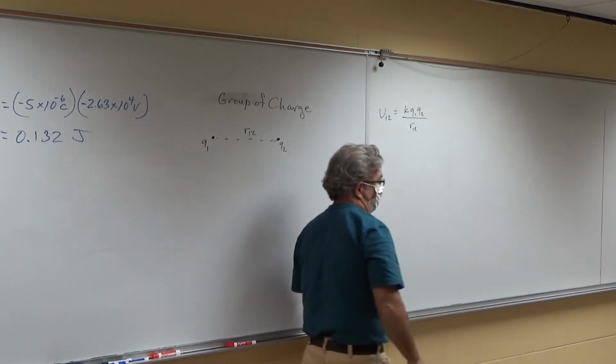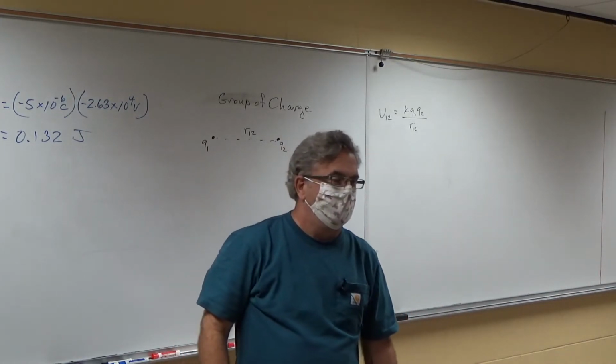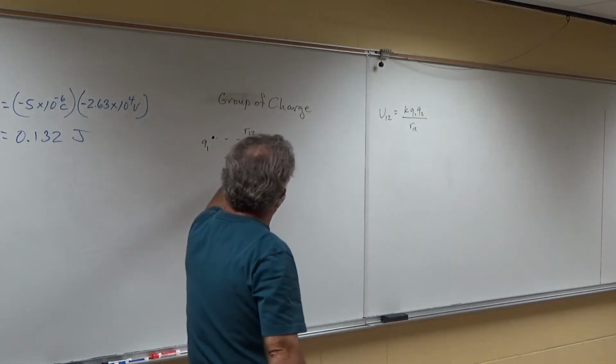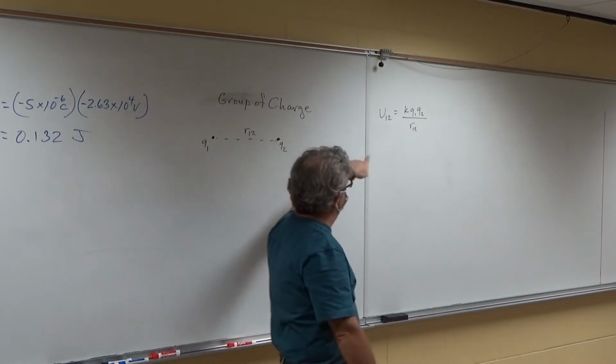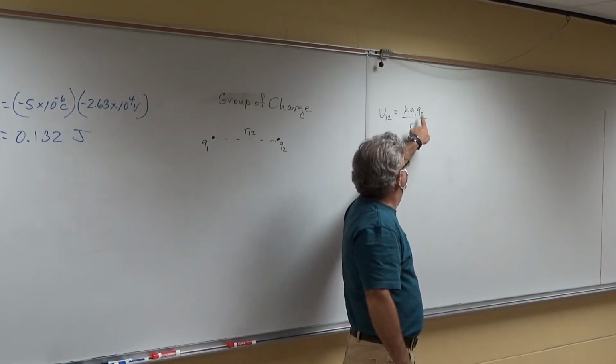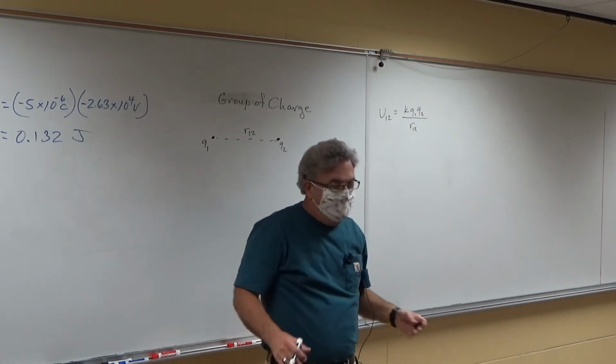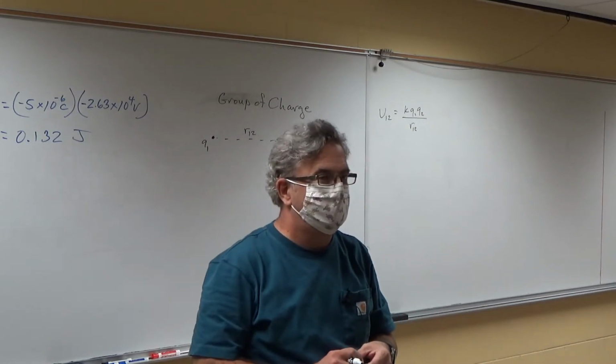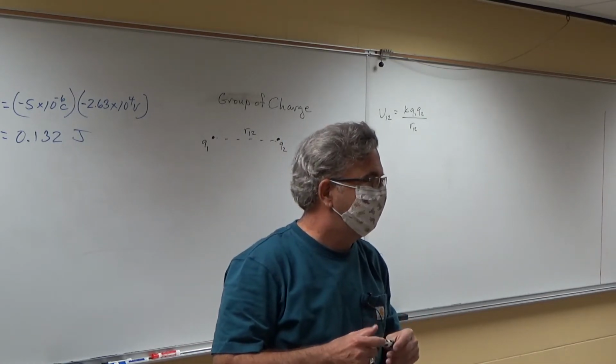Where did that come from? Well, there was a potential at this point, which was K Q1 over R12. Placing that charge there gives you the potential energy.